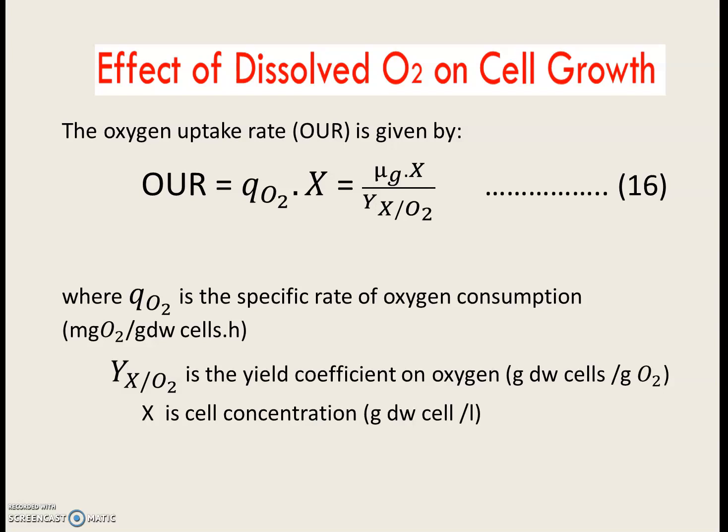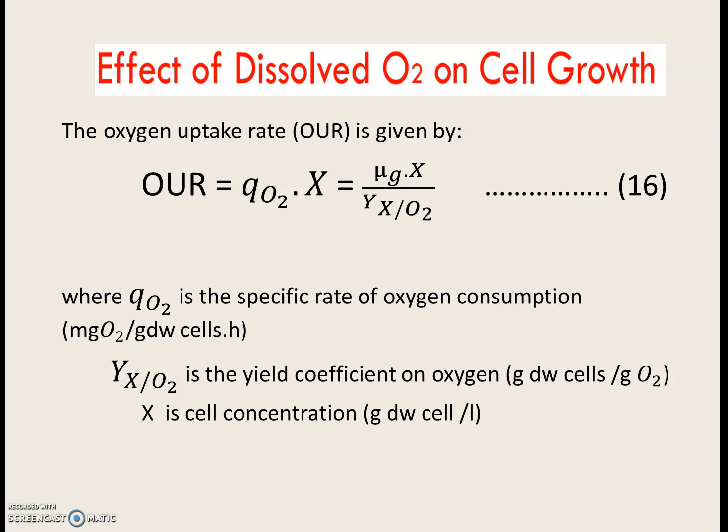For the OUR, oxygen uptake rate, it is given by QO2 times X, or equals mu G times X over YX over O2.